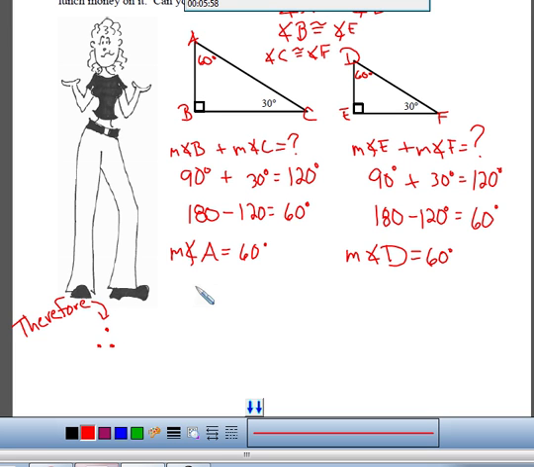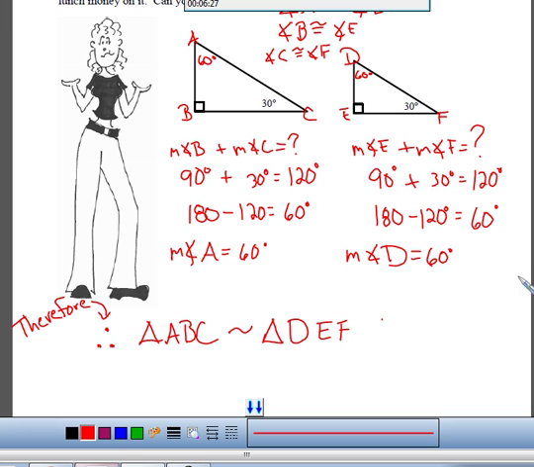Therefore, we can make the statement, triangle A, B, C is similar to triangle D, E, F. And make sure when you write this down that the angles or the vertices line up. A goes with D, B goes with E, C goes with F.